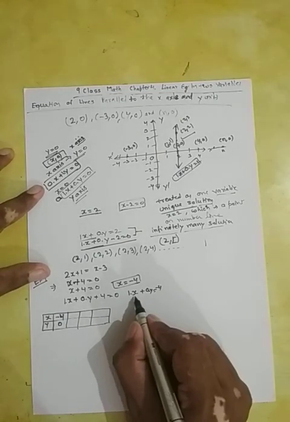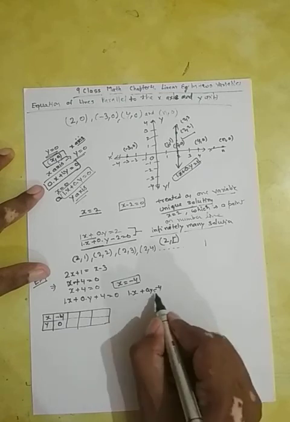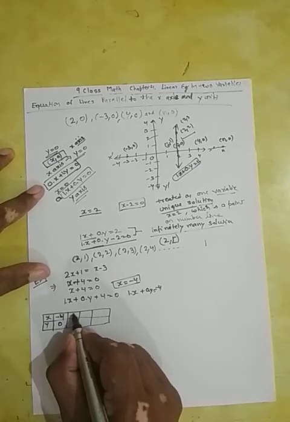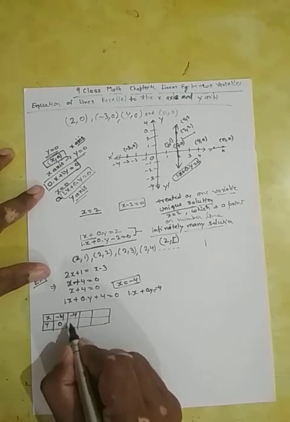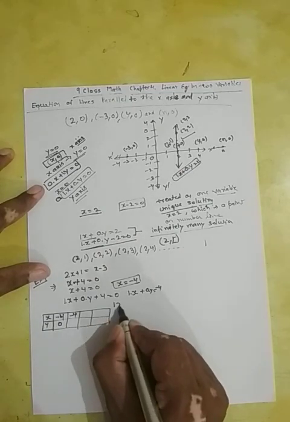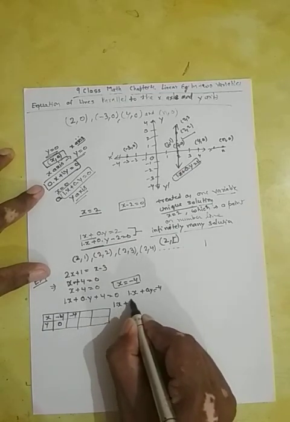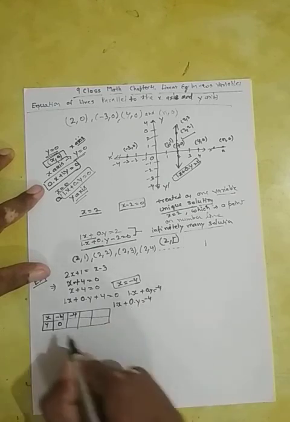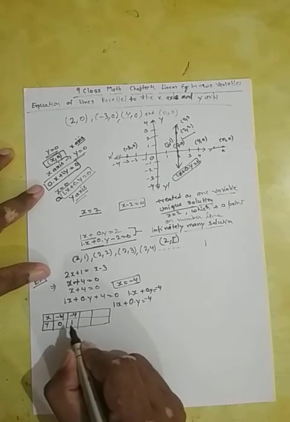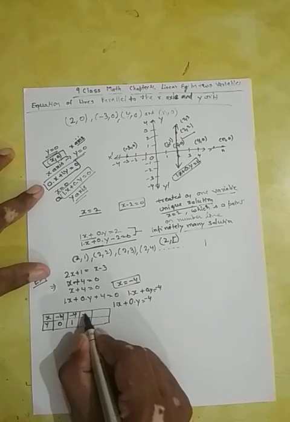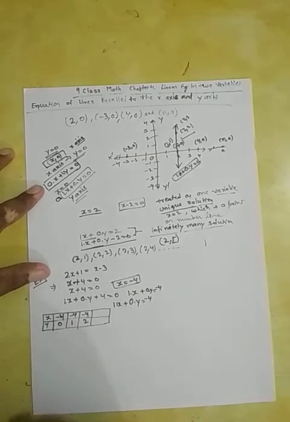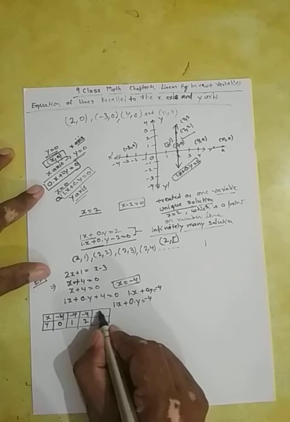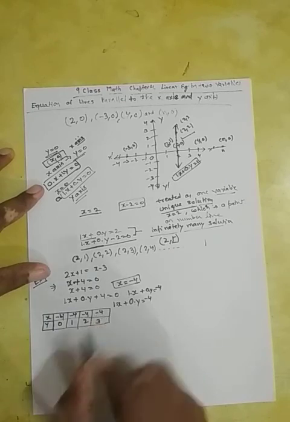So we put y equal to 0, then x equal to minus 4; then y equal to 1, then x equal to minus 4; then y equal to 2, then x equal to minus 4; then y equal to 3, then x equal to minus 4.